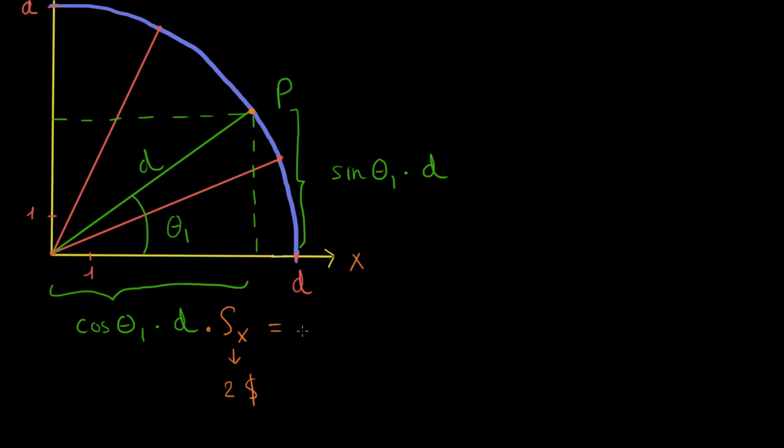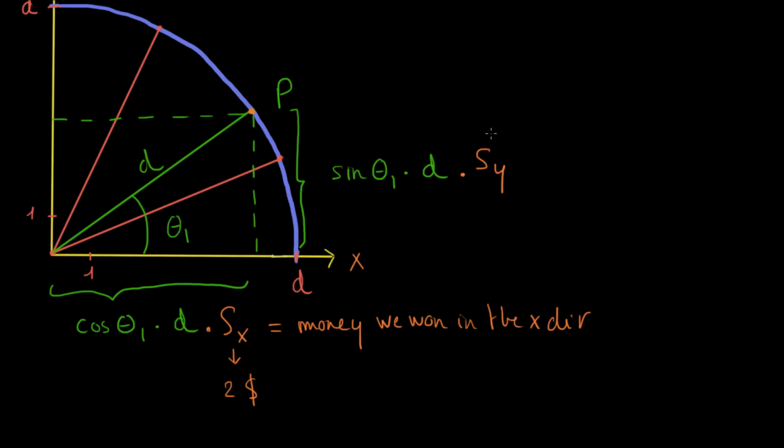So this will give us the money we won in the x direction. The same way we can determine the money we won in the y direction by multiplying the distance we covered in the y direction times the money we win by going 1 unit in the y direction.